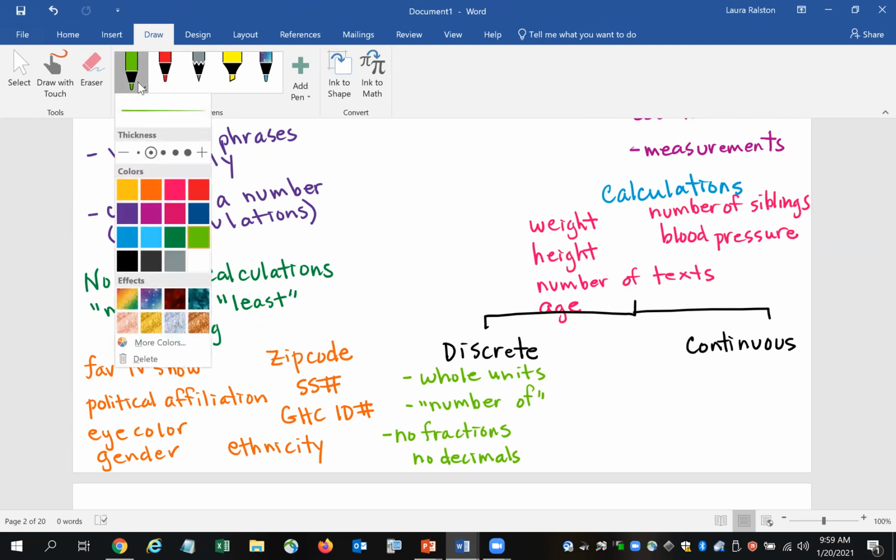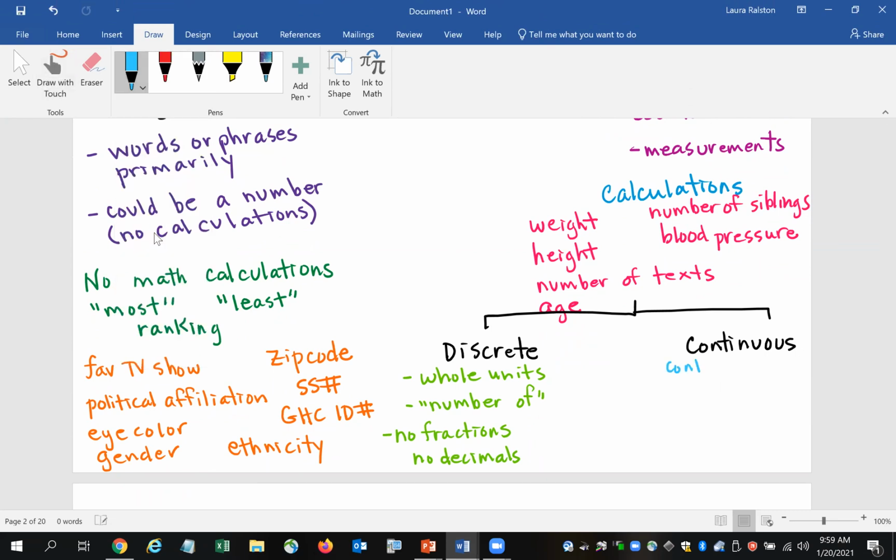Continuous is more associated with measurement. I always think about the word continuum, where if I'm thinking about some sort of measuring tool, I can break my measuring tool down into smaller and smaller units so that I could measure in 1/8 of an inch or 1/16 of an inch, or a half a pound, a quarter pound.